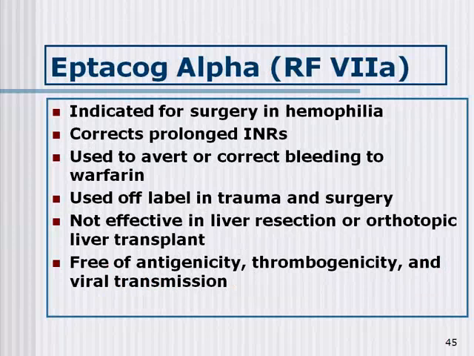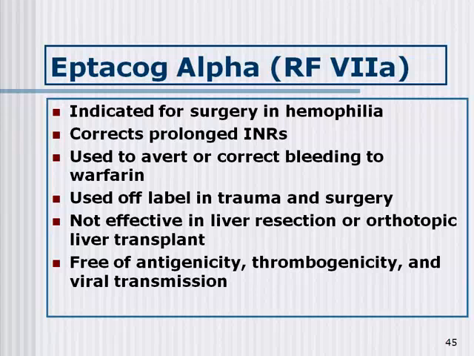Eptacog alfa on slide 45 is recombinant factor 7A. Technically, it's indicated for surgery in hemophiliacs. It does correct prolonged INRs, and so it's being used for patients who have severe hemorrhage on warfarin. It's being used off-label in patients that come in with trauma or with surgeries that have gone awry.